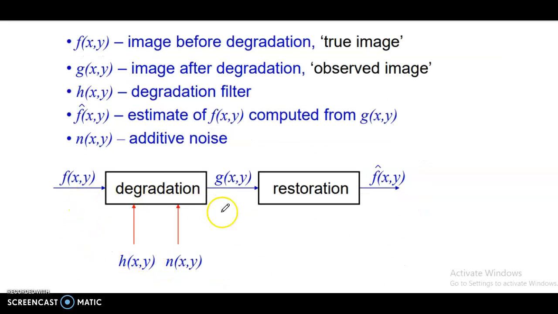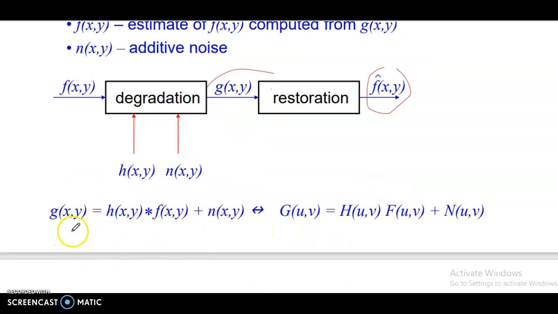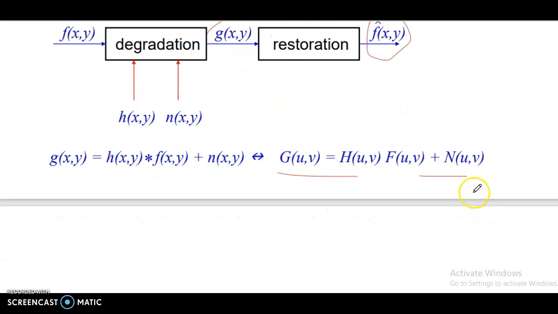Degradation gives h of x,y and n of x,y, then g of x,y goes to restoration, and the restoration output is f cap of x,y. g of x,y equals h of x,y convolution with f of x,y plus n of x,y, which gives g of u,v equal to h of u,v f of u,v plus n of u,v.